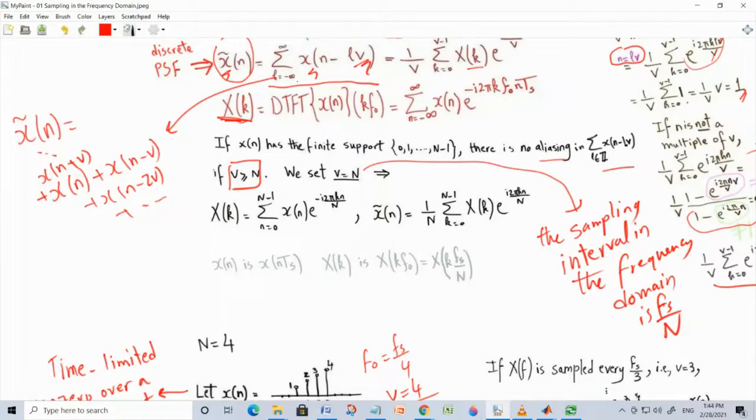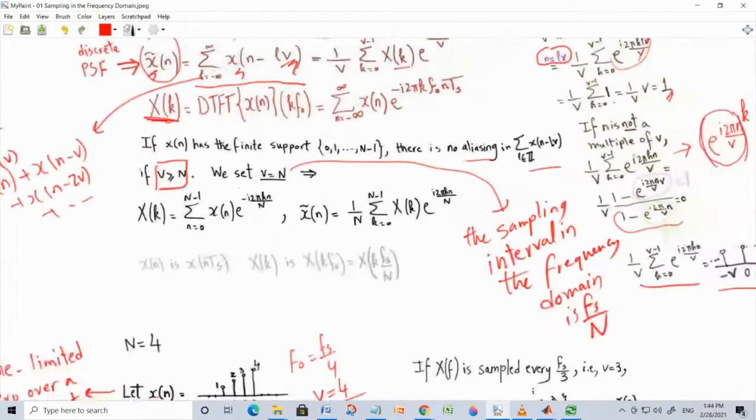The effect of sampling the spectrum is to periodize, and there is no harm if v is greater than or equal to big N, but we will just fix v at big N, and hence our DTFTs will be sampled every fs over big N. This is a choice that we will fix.